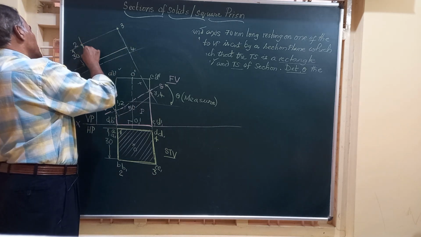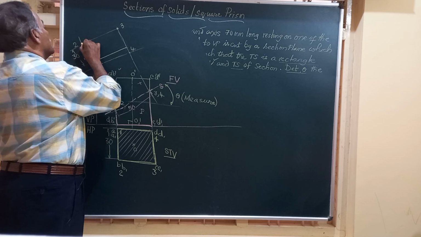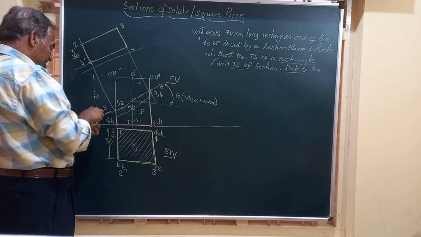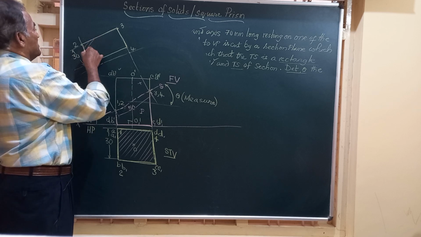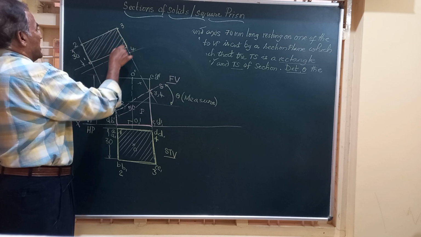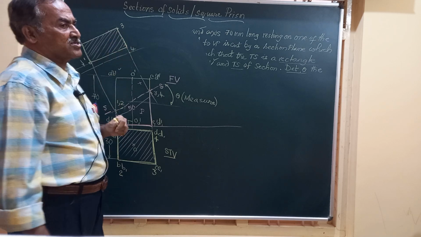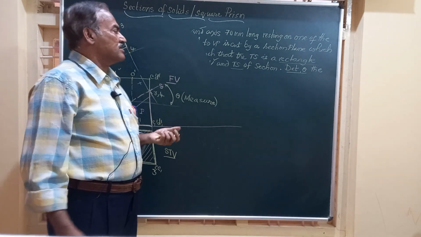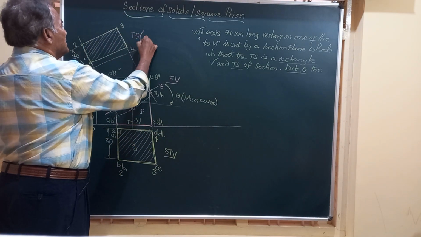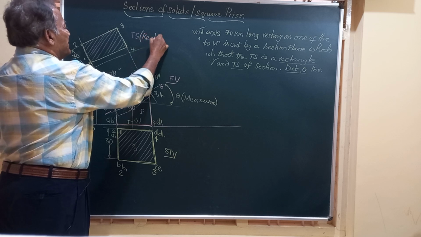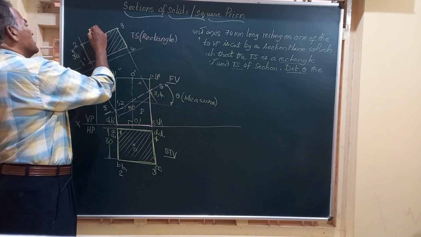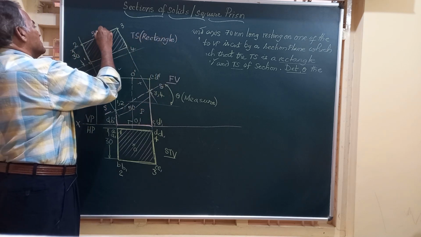I am going to join 1 to 2, 2 to 3, 3 to 4 and hatch this portion by lines inclined at an angle of 45 degrees to the horizontal. Friends, this is the true shape of this section. This is a rectangle as specified in the question, and this will have a dimension 30 by 50.